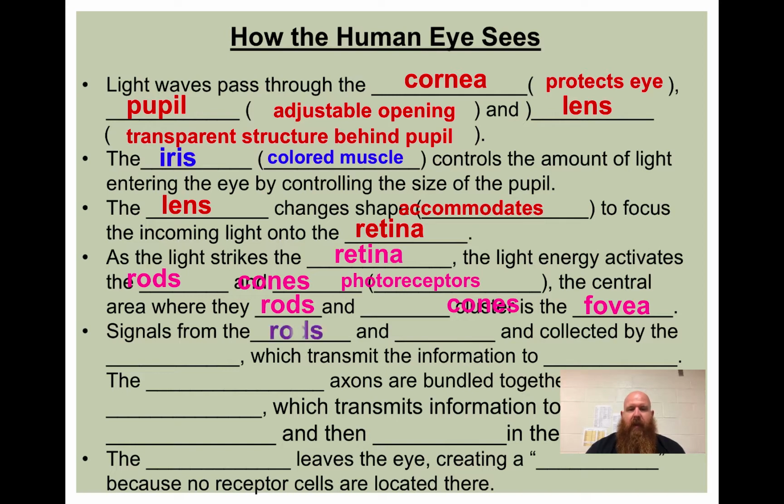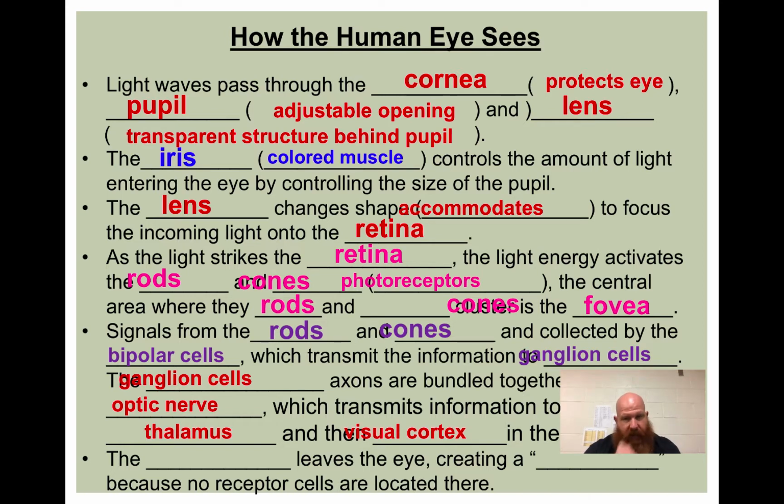Signals from the rods and cones are collected by the bipolar cells, which transmit the information to the ganglion cells. The ganglion cells' axons are bundled together to form the optic nerve, which transmits information to the thalamus and then the visual cortex in the brain, located in the occipital lobe.